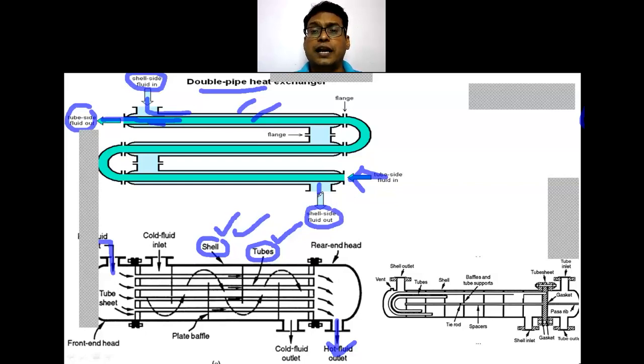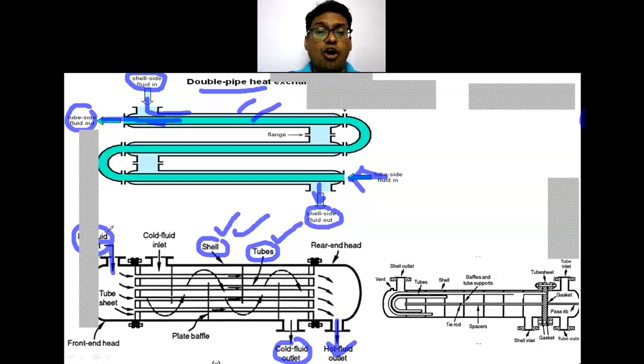So there are two fluids defined: the tube side fluid and the shell side fluid. The fluid moving through the tubes is called the tube side fluid, and the fluid outside the tubes, inside the shell, is called the shell side fluid.